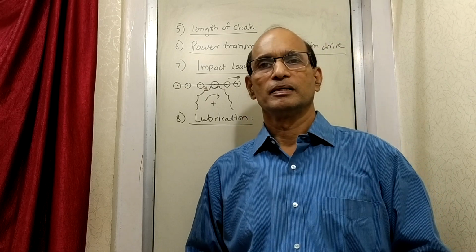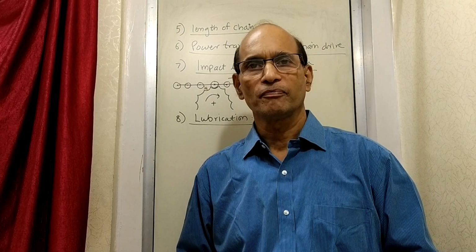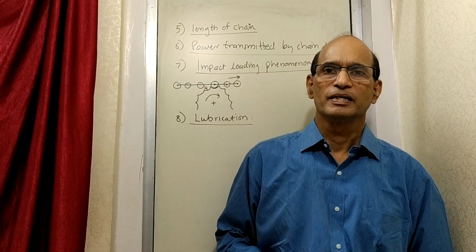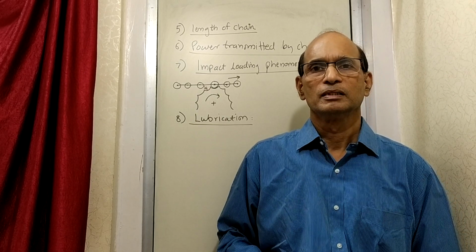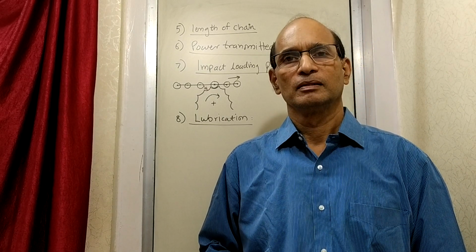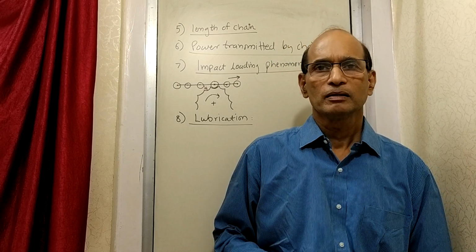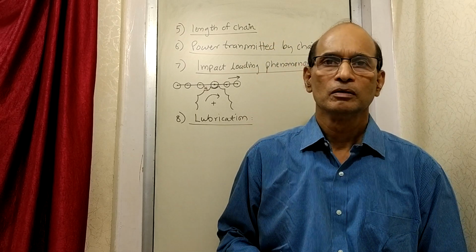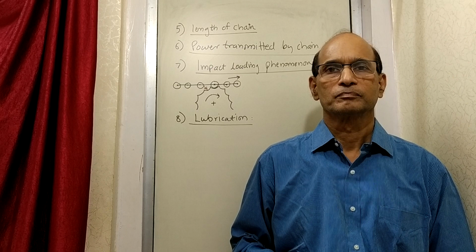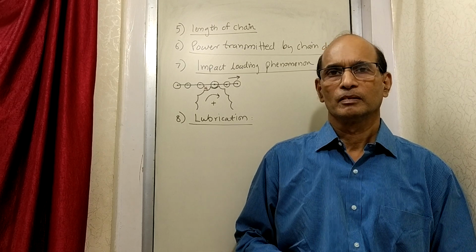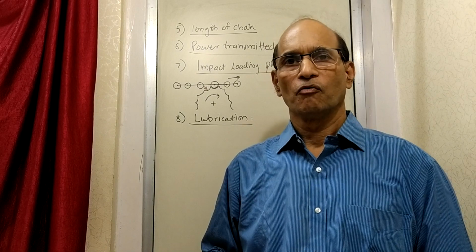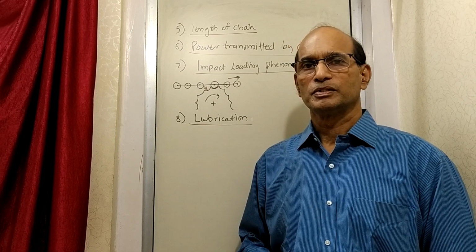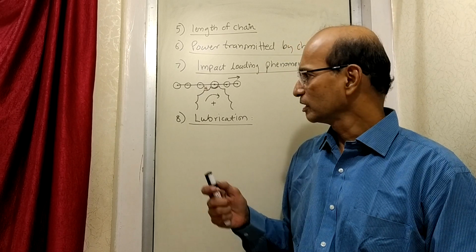This is because the chain is made up of metallic rollers, links and pins, where there is a lot of relative motion and friction. For reducing friction, the chain requires lubrication.